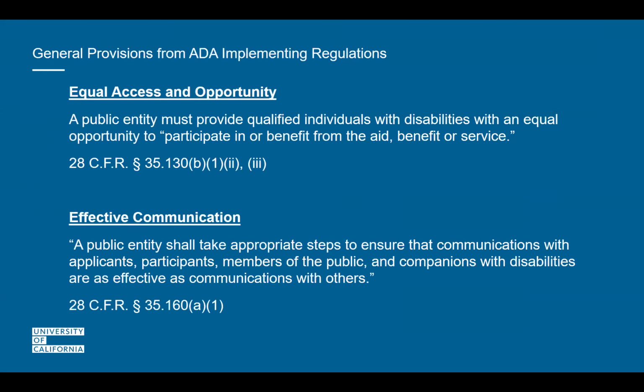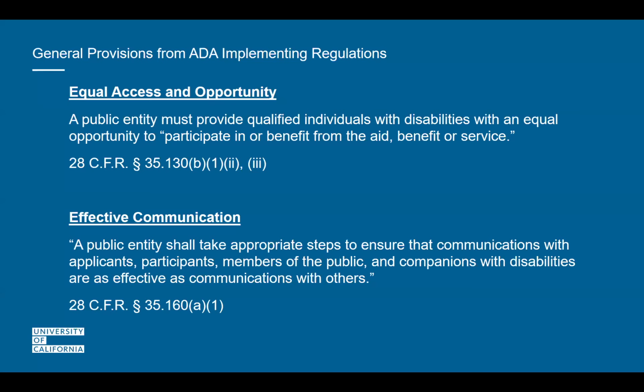So two of the key requirements from these laws are equal access and opportunity. A public entity must provide qualified individuals with disabilities with an equal opportunity to participate in or benefit from the aid, benefit, or service being provided by the institution, here at a university. And then another major requirement is effective communication.